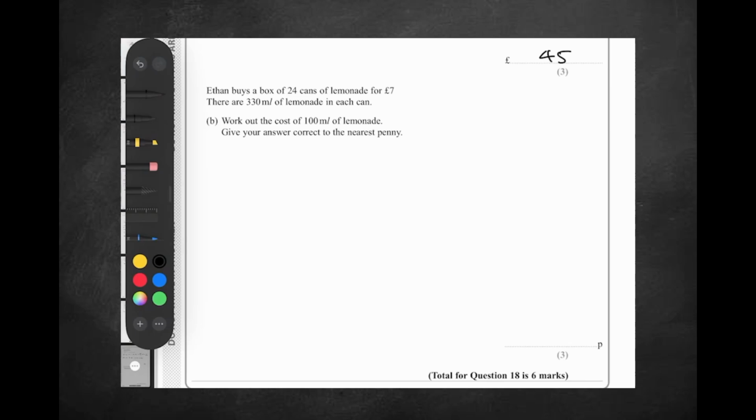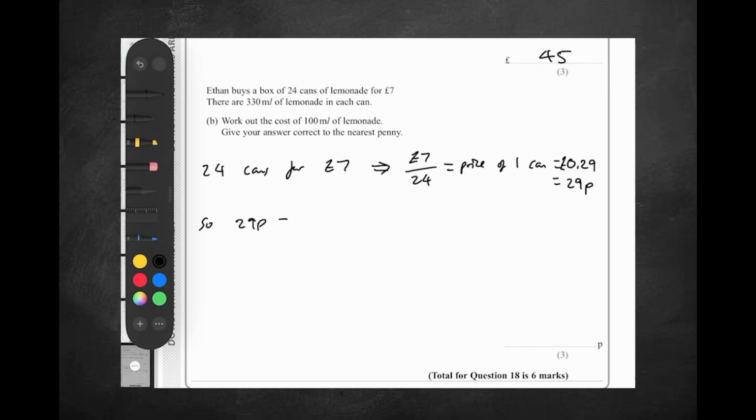So, if he has bought 24 cans for £7, therefore £7 over 24 equals the price of 1 can. So 7 divided by 24 on my calculator is going to be £0.29 or 29p.